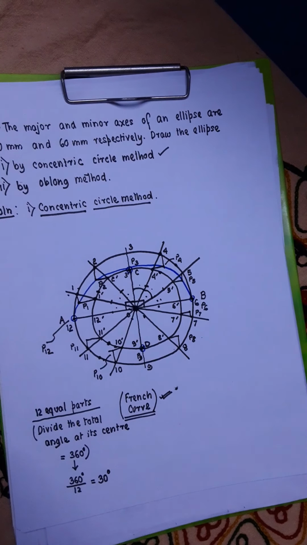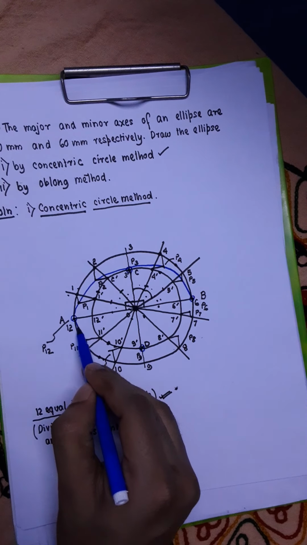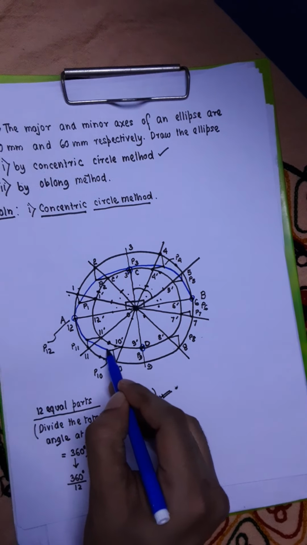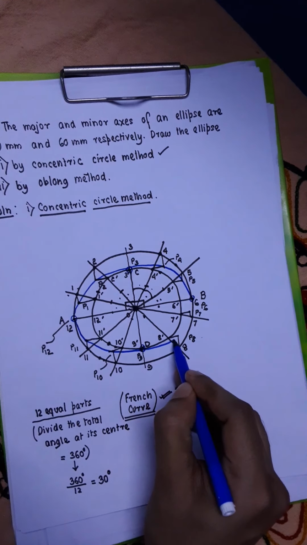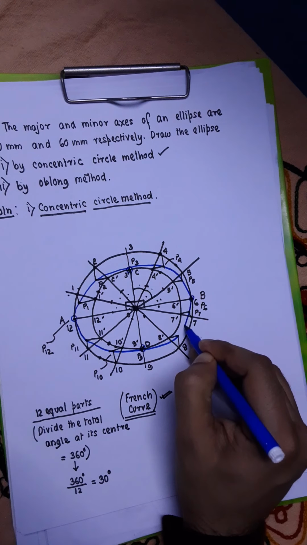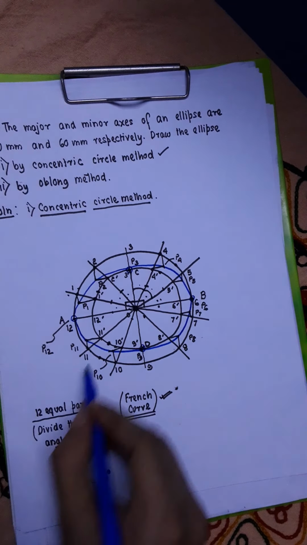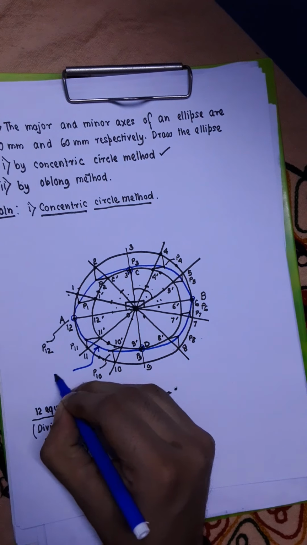So this is 50% of the ellipse that I have already drawn with the blue colored line. The remaining 50% I am drawing now. So this is how the ellipse will appear. Okay, so this is the desired ellipse.